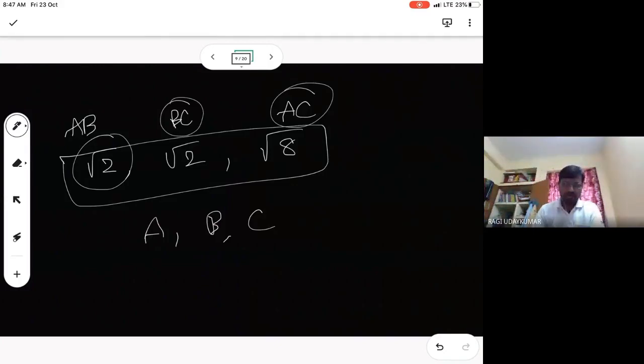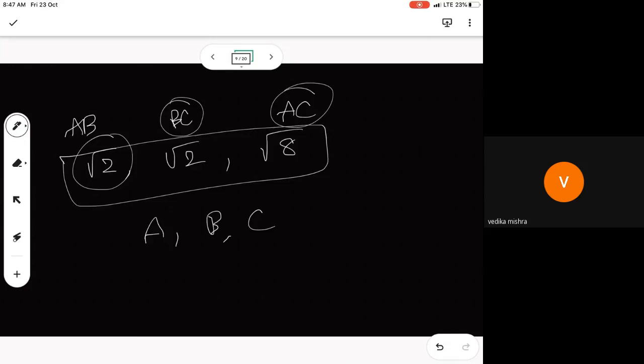Try to observe and see. AB is root 2, BC is root 2, AC is root 8. Are they collinear or not? Yes, sir, they are collinear.